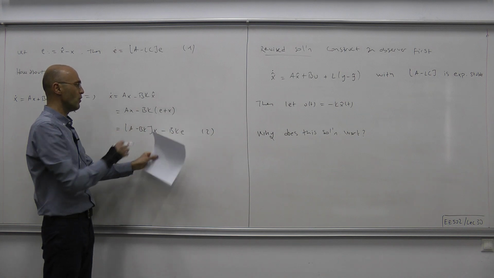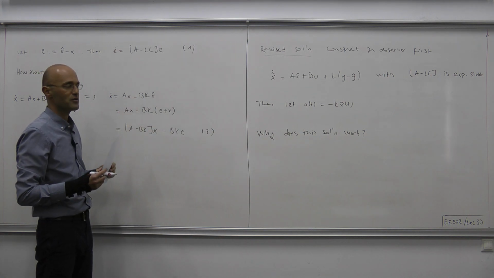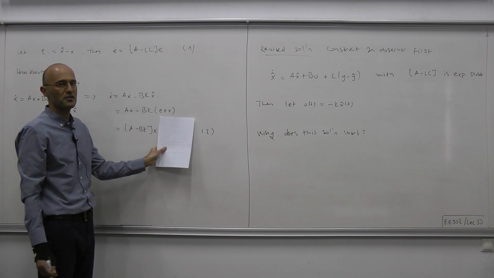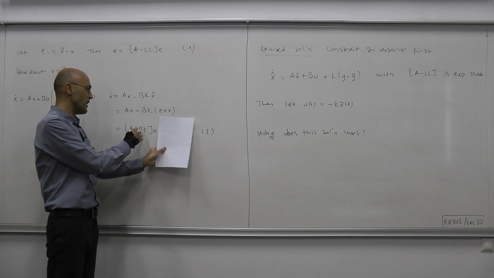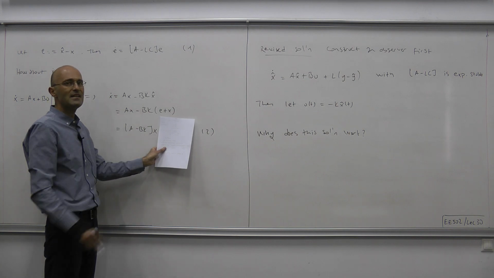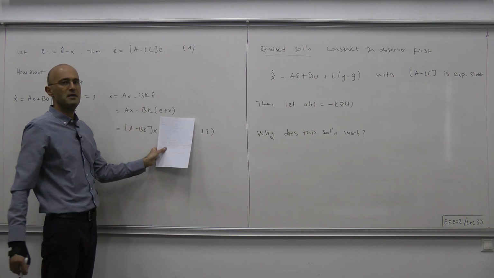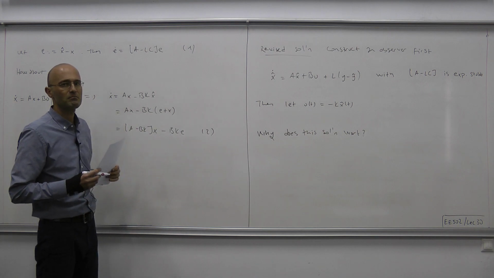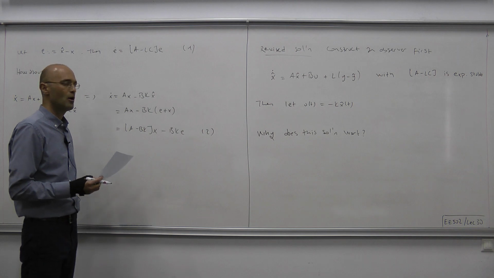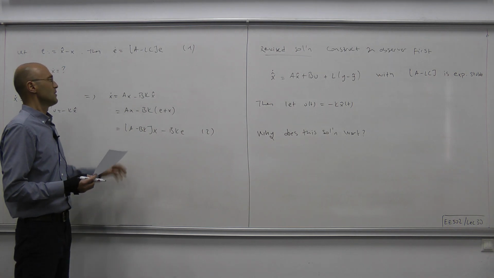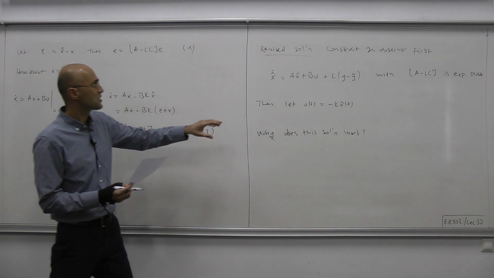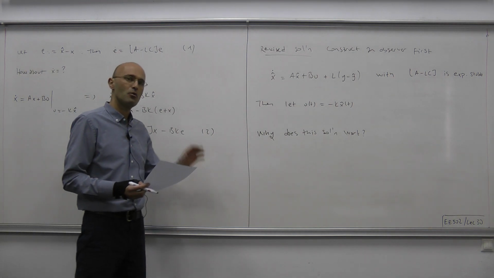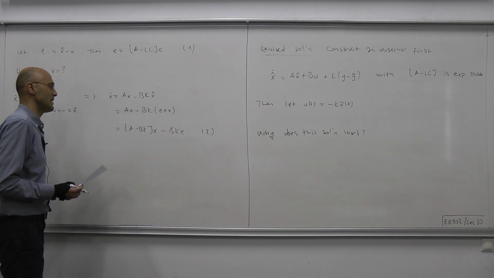We can sort of ignore that term because the error is converging to 0 exponentially fast. And when we do that, the state of this system must converge to the origin, because we have chosen the feedback gain K such that the matrix A minus BK is exponentially stable. And we were able to choose such a K because the pair A, B was stabilizable. So that's the intuitive explanation why this suggestion would work, but it's not a really rigorous explanation.